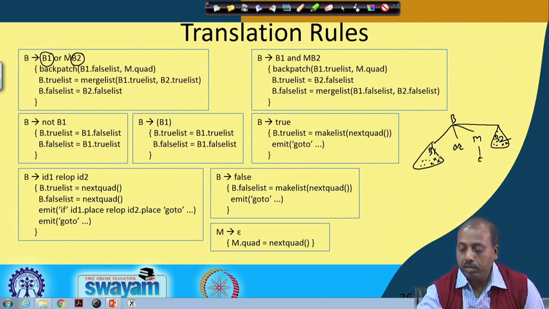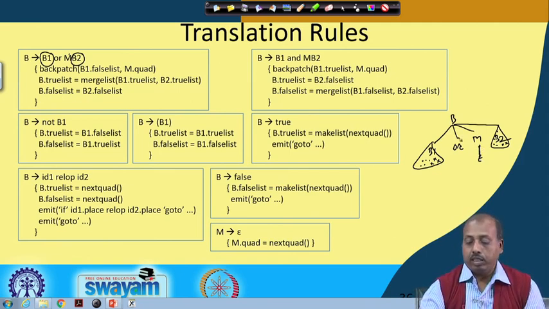Now, what will happen if B 1 is false? Then I have to come to the B 2 part. B 2's evaluation starts at the point where B 1's evaluation ends, and just before that, this M producing epsilon is done.